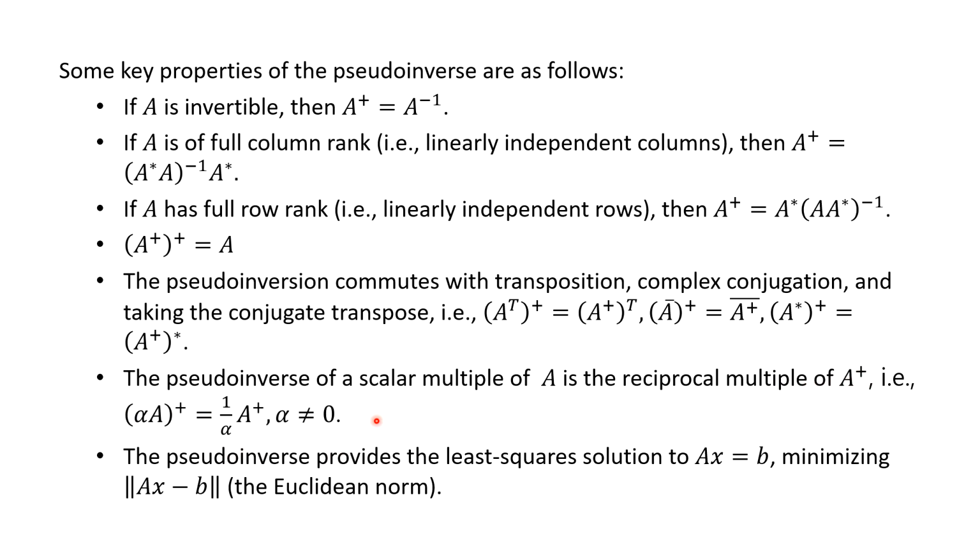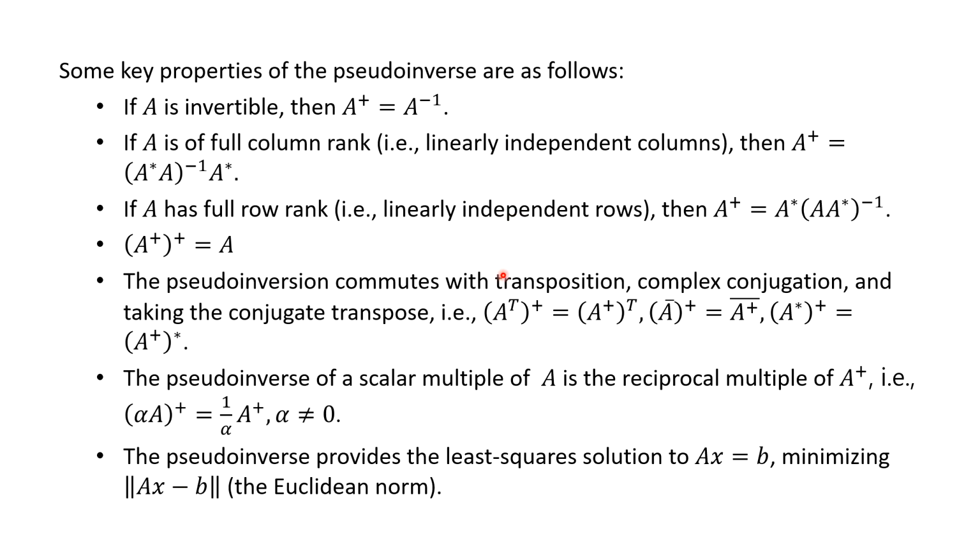So in other words, this here, assuming alpha does not equal 0. The pseudo-inverse provides the least squares solution, and I said this on the last slide, but I'm writing it in here in a little bit more detail. The pseudo-inverse provides the least squares solution to AX equals B, minimizing the Euclidean norm of the matrix AX minus B.